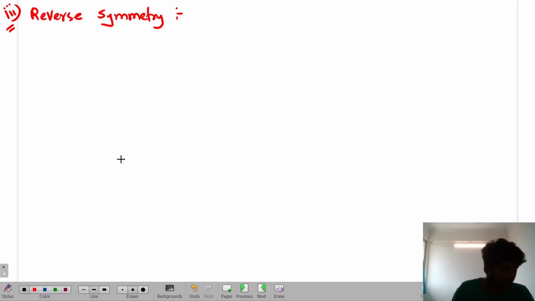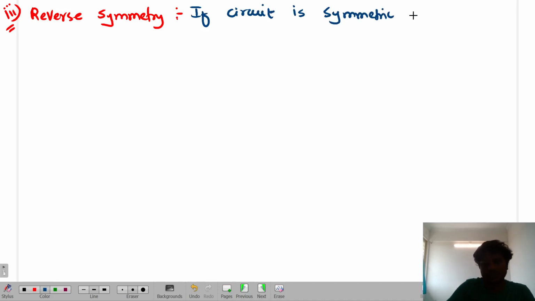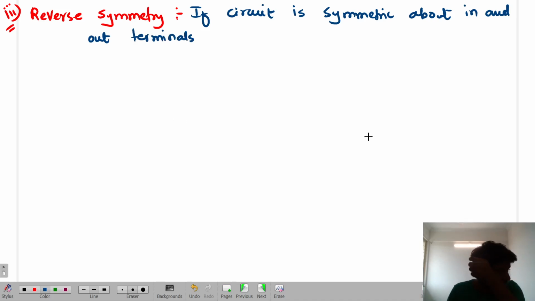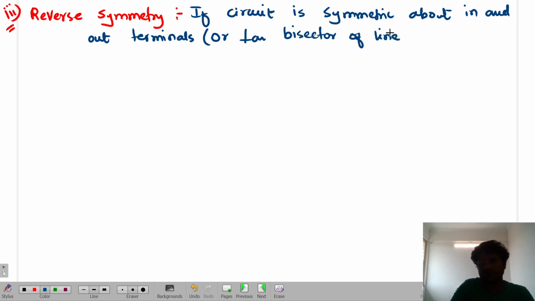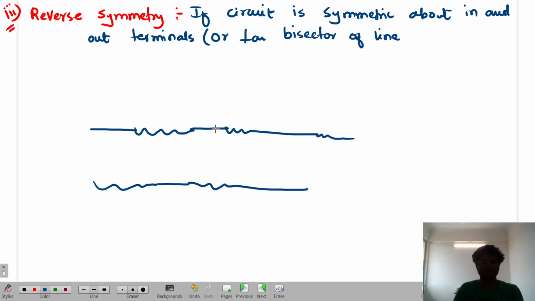The meaning of this is, if the circuit is symmetric about in and out, like how many currents are entering and how many are leaving. So if the circuit is symmetric about the in and out terminals, or the perpendicular bisector of the line, that is, if the connection is like resistance, resistance, resistance, resistance, and this kind of symmetry is there.